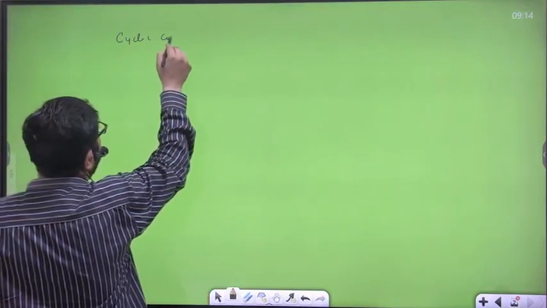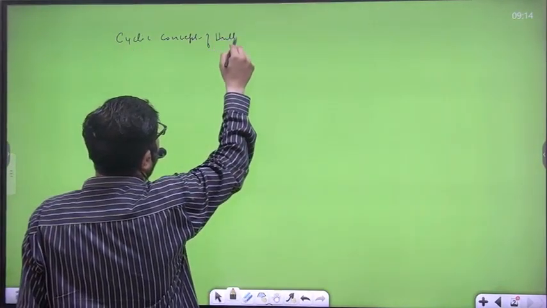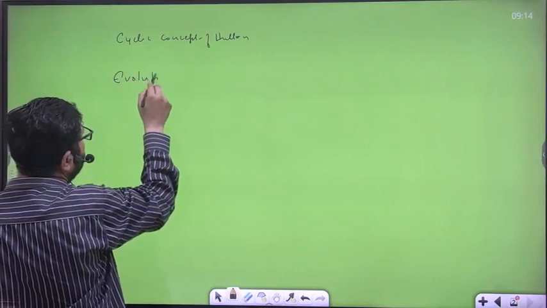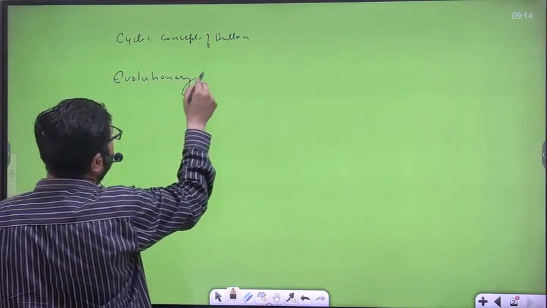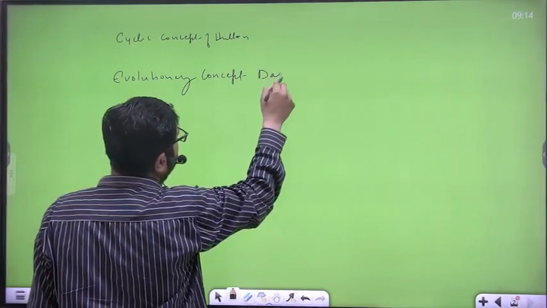Cyclic concept of Hutton and evolutionary concept of Darwin.